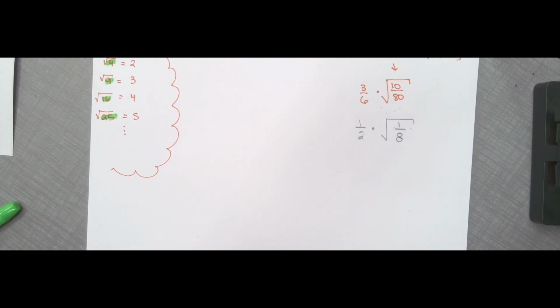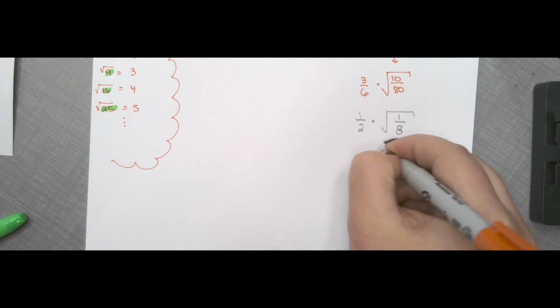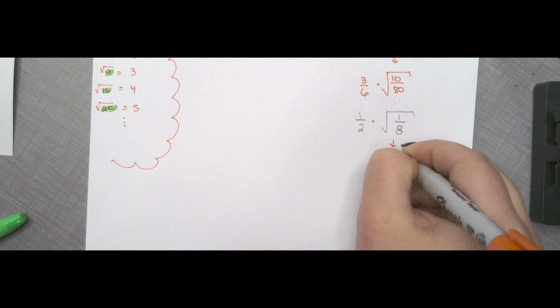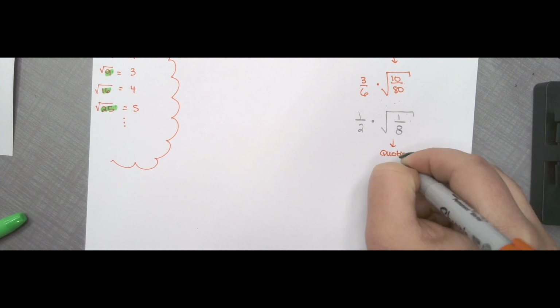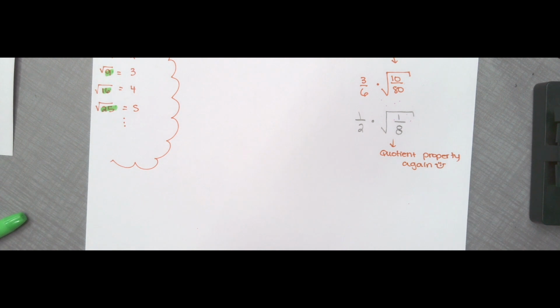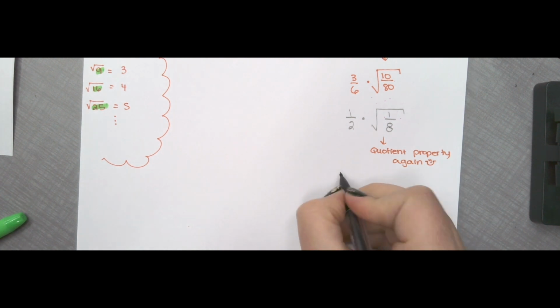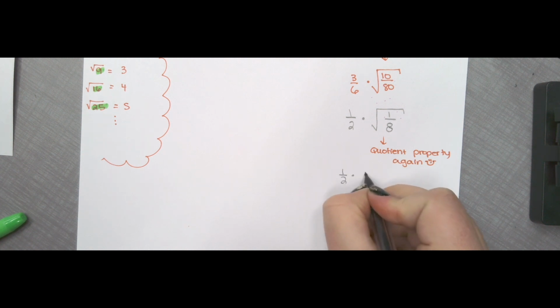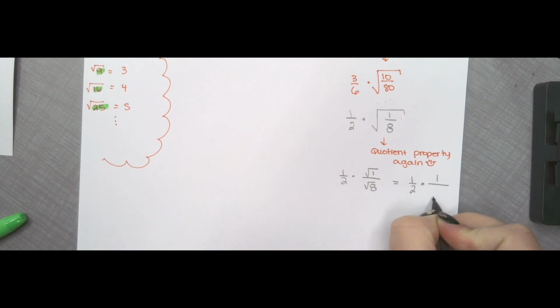And I'm going to use the quotient property again. We're going to go back and forth. I'm going to split it up with the square root on top, square root on the bottom. But what is the square root of 1? Good, just 1.